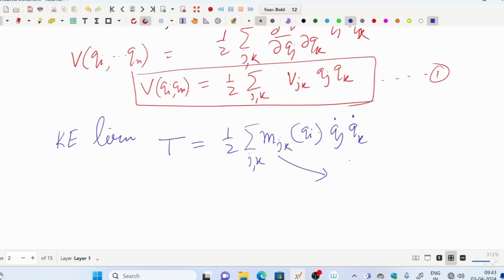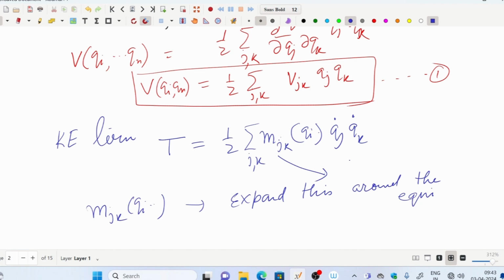Since it is also a function of coordinates, let us expand this quantity around the equilibrium. Of course, we have considered the equilibrium at the origin, so 0.